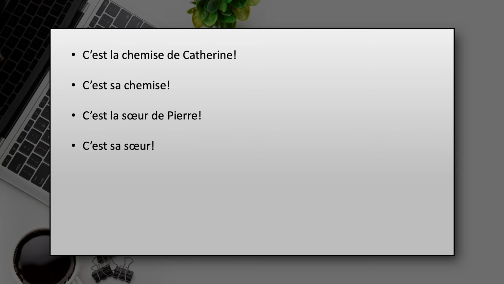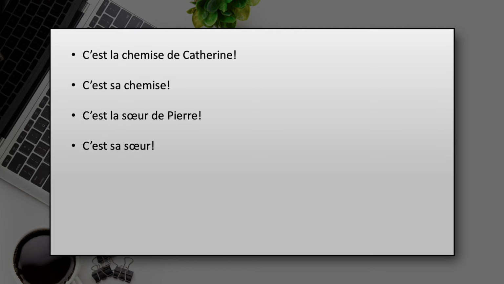So, if you see the next example, it will be much clearer. Like, c'est la sœur de Pierre means it's Pierre's sister. Pierre generally translates as Peter, but we will just stick to the French name. It's Peter's sister, and in English we will say it's his sister, not her sister.